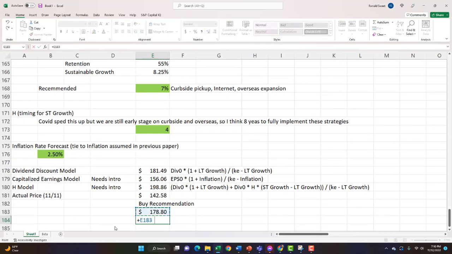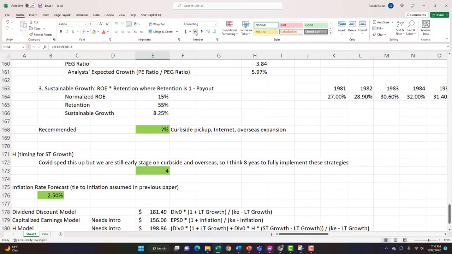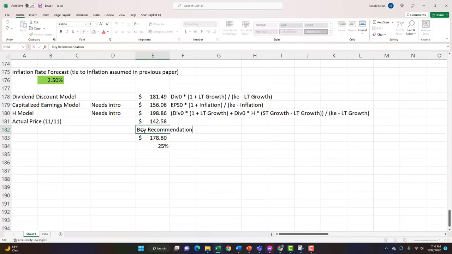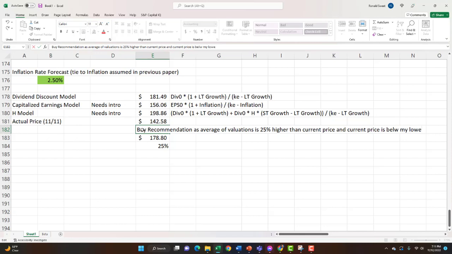The average of your 3 valuations is 25% higher than the current price, and the current price is below my lowest.